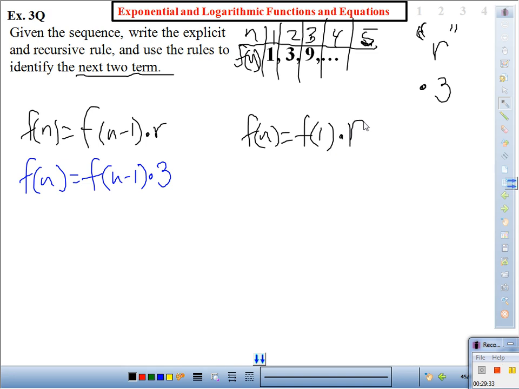This is the one that's kind of trippy because the exponent is what? N minus 1. So just be careful with this one, okay? So now let's substitute the value of r. So it's f of n equals f of 1 times 3 to the n minus 1. Find me at least the fourth term using both, please, so we can move on.